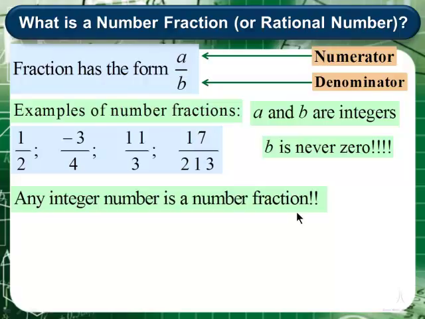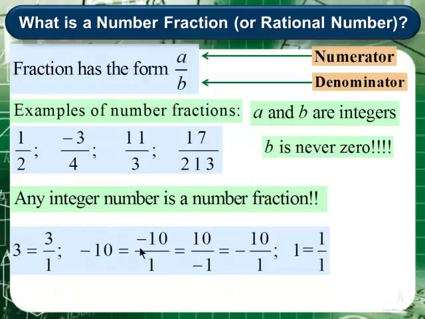Any integer that we know of is a number fraction. Did you notice that? Well, clearly the integer 3 can be written in number fraction format as 3 divided by 1. So can any other integer, minus 10 for example. And as I've mentioned, the negative may be above or below the line. It doesn't matter. It represents exactly the same number.